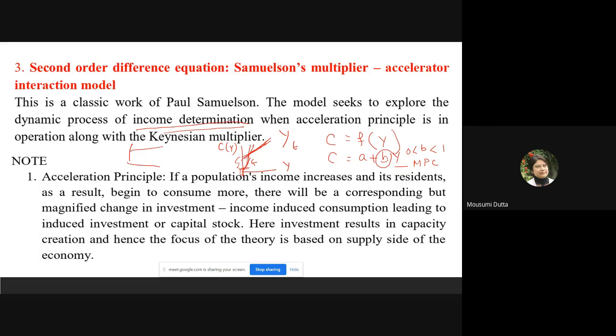However, here the MPC, the slope, is very small. This is for the developed countries. Or in a particular country, you may consider this is the graph for the high income group.